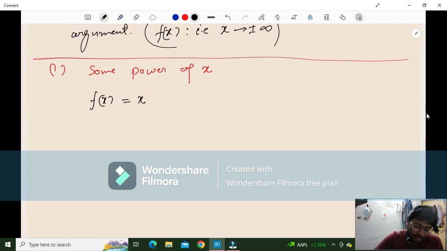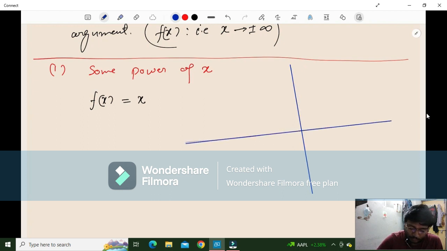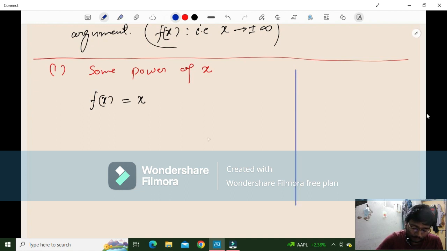So it is straightforward, that is a linear graph. So if we plot it, how will it look, let us see. The plot of f of x will be like this.